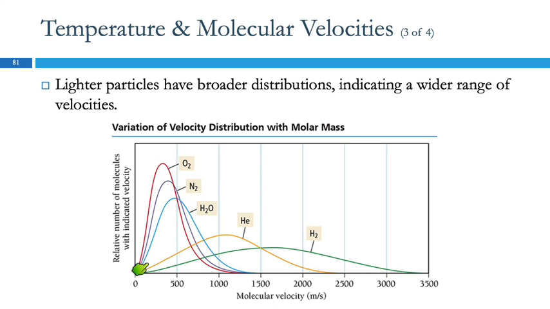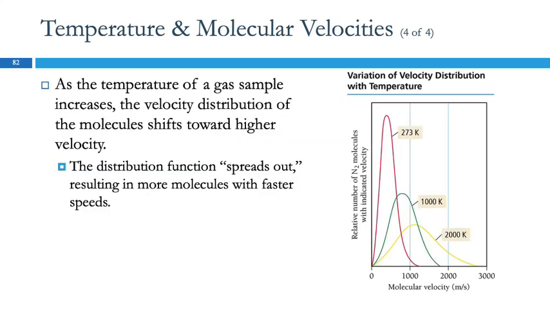But not only is it higher, the distribution is also much broader. There's a wider range of velocities with the smaller particles. When we increase the temperature of a gas, the velocity distribution is also going to shift towards higher velocities, and it's also going to spread out just like it did for the lighter particles.